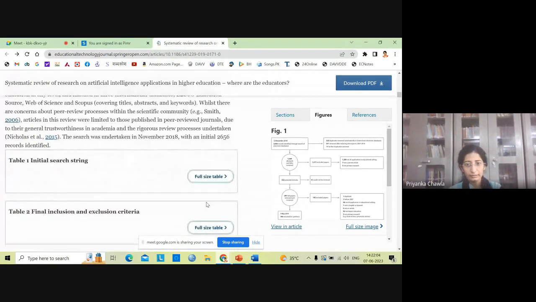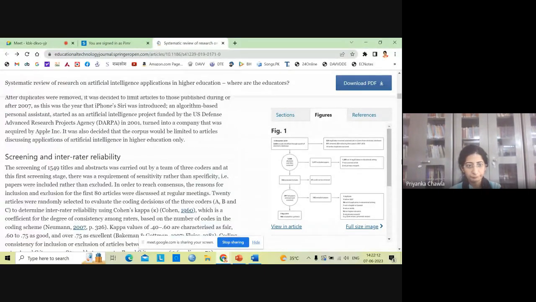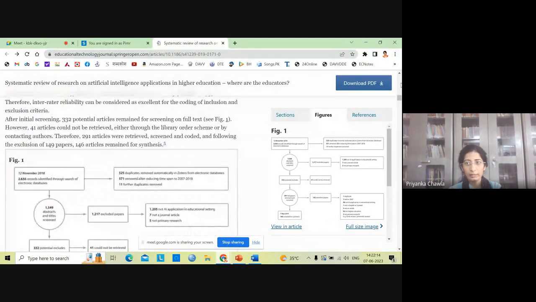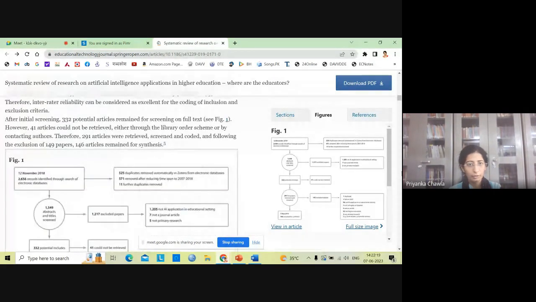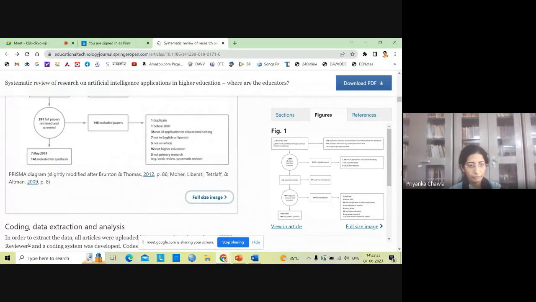See, this is the table he has sent in another file, so that's why it appears in this way. It is displaying in this way. With the help of reliability, he tried to make his study more appropriate.